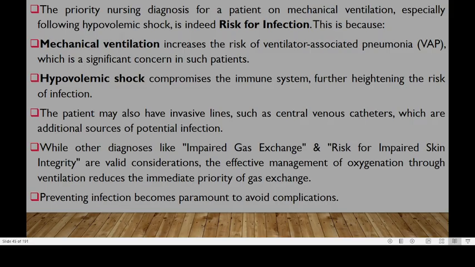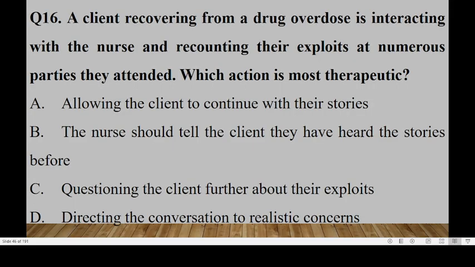While other diagnoses like impaired gas exchange and risk for impaired skin integrity are valid considerations, the effective management of oxygenation through ventilation reduces the immediate priority of this diagnosis. Preventing infection becomes paramount to avoid complications like VAP.